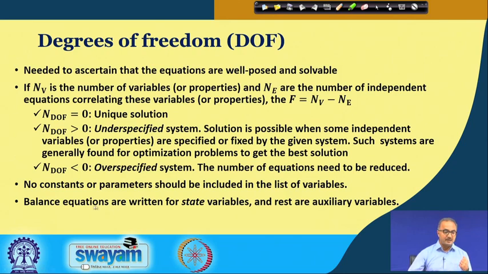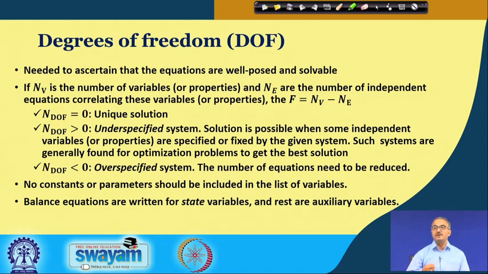Okay? And then balance equations are written for state variables and the rest are auxiliary variables. State variables means those variables which define the state of a system. For example, we have temperature, pressure, level, then flow rate. All these are state variables. Even composition is a state variable. Other than these, we have many other variables in the equations, and those are auxiliary variables.